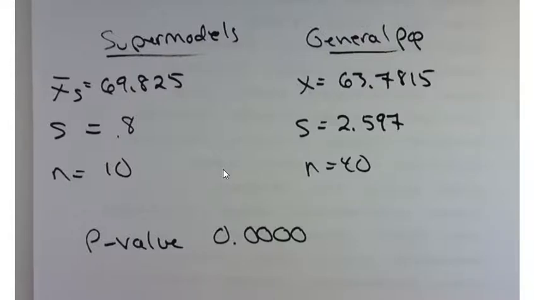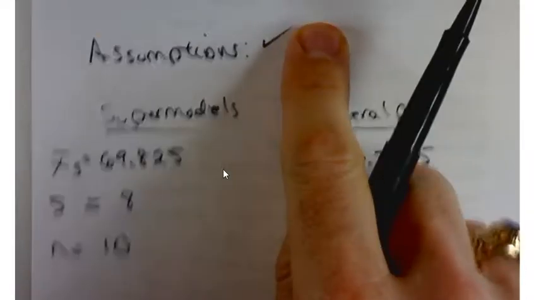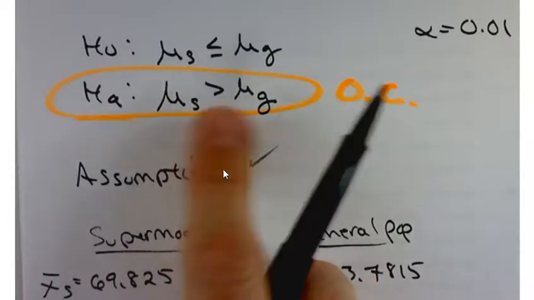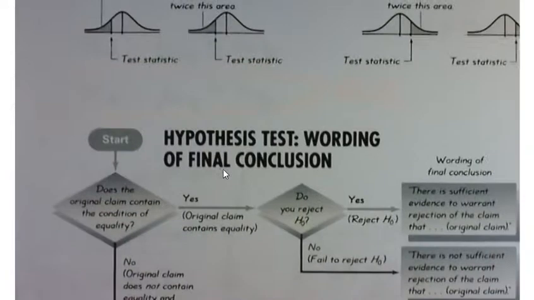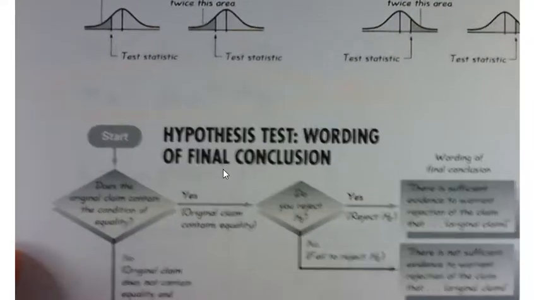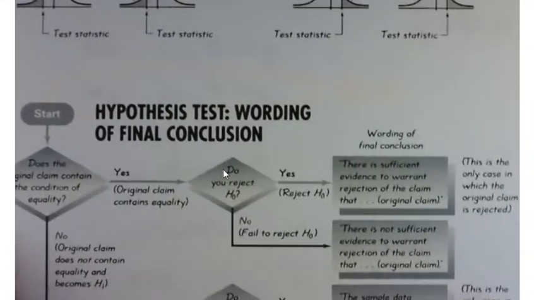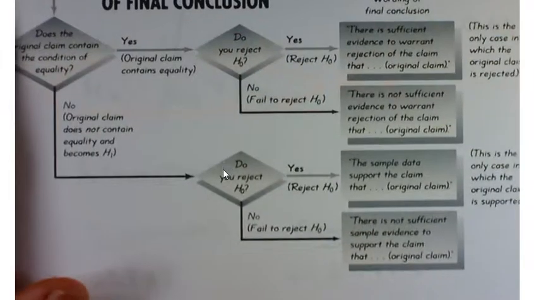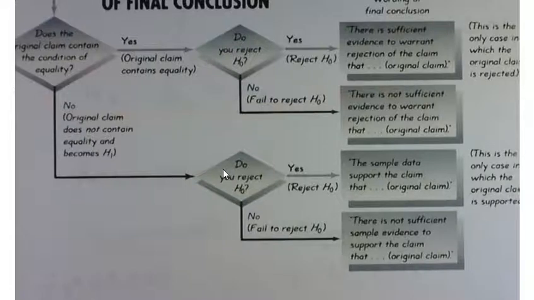Okay, so let's state our conclusion then. The original claim did not contain the possibility of equality, so down to here, we rejected. So the sample data support the claim that the heights of supermodels are greater than the heights of women in the general population.